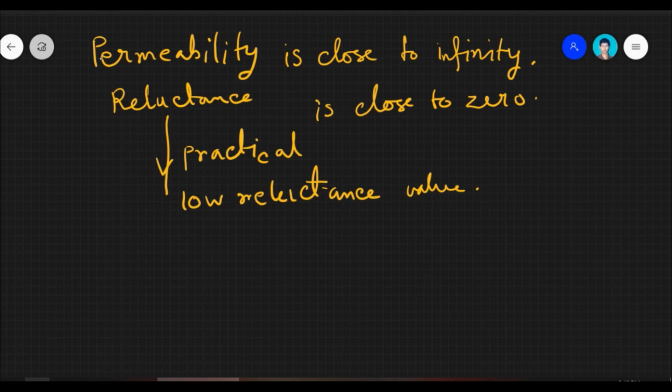So how will going from almost zero reluctance to low reluctance change the phasor diagram? See here you will have V1. Before drawing E1, I showed you in some slide that flux is equal to mmf by reluctance.